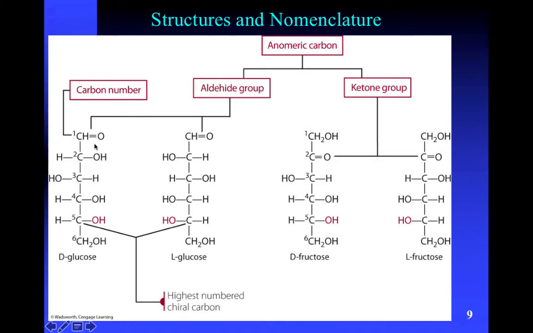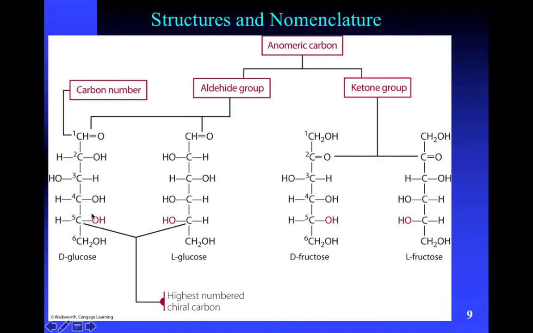It only has 3. Carbon number 2 is a chiral carbon because it has a unique structure here. There's a hydrogen, there's a hydroxyl group, and the rest of the molecule. So 2 is a chiral carbon, so is 3, so is 4, so is 5. 6 is not because it has 2 hydrogens. So the highest numbered chiral carbon is 5.